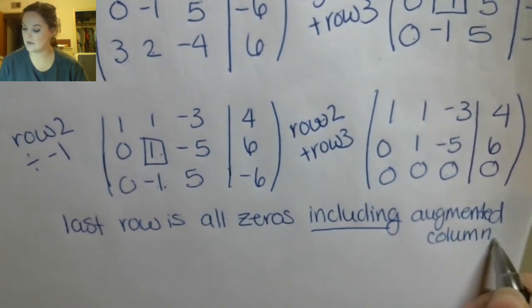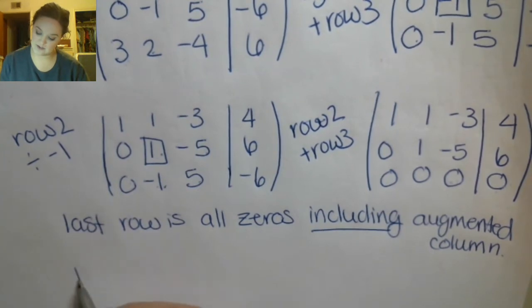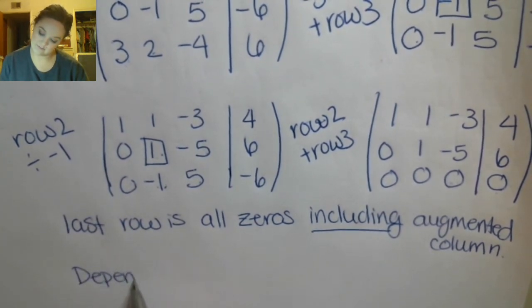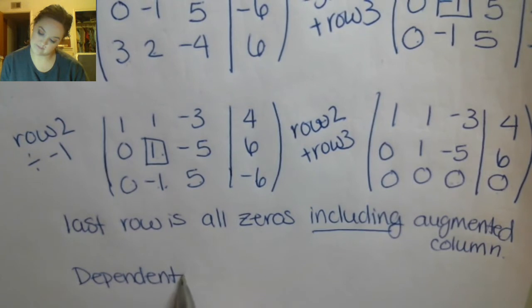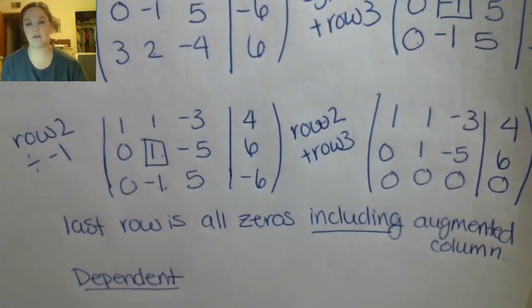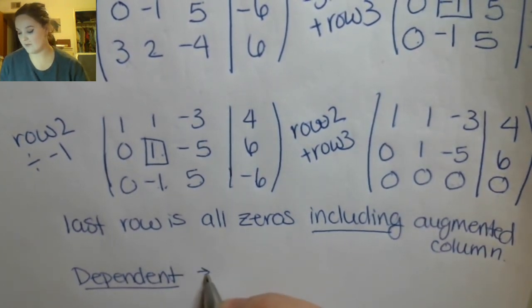Okay. This means your system is dependent. Okay. Which means there are infinite solutions.